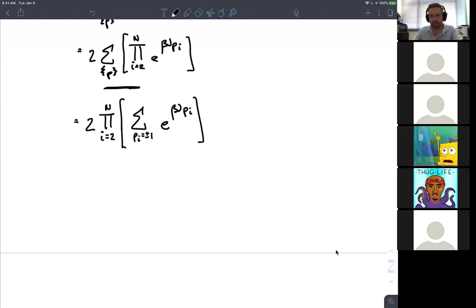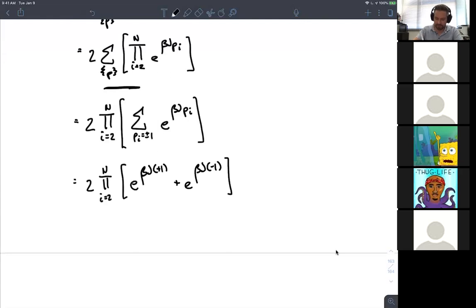Now again, p can be equal to either plus or minus 1. That's it. So then you just substitute that in and see what you get. What we get is 2 product i equals 2 to n, e to the beta J times plus 1, plus e to the beta J times minus 1. In other words, we can just put a minus sign there.